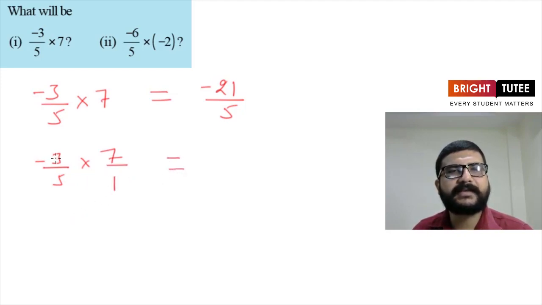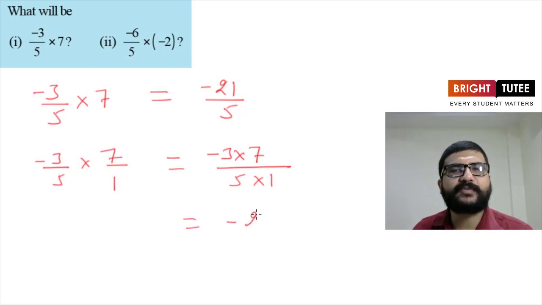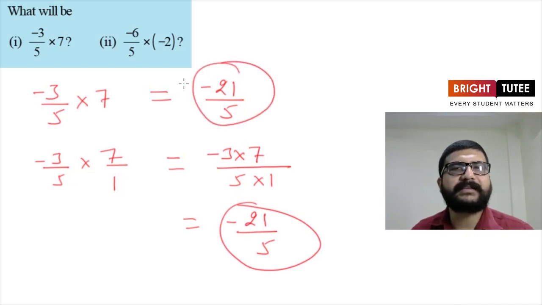So what we are getting from here is minus 3 into 7 upon 5 into 1, that is numerators are multiplied with each other and denominators are multiplied with each other. So we will get minus 21 upon 5. So in both ways we are getting the same answer.